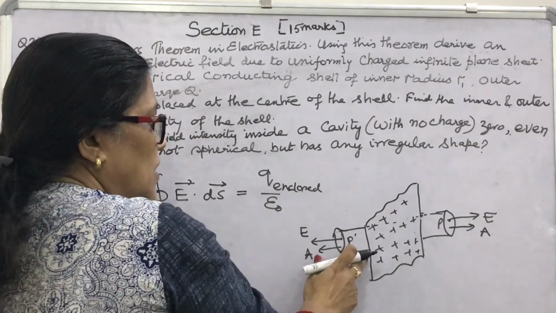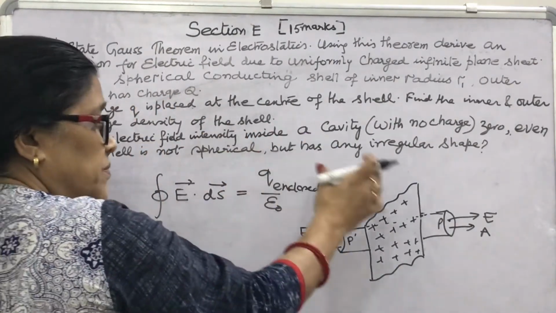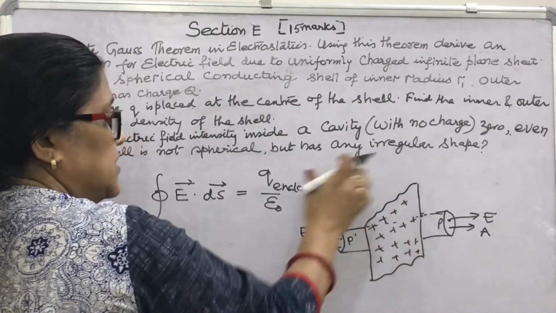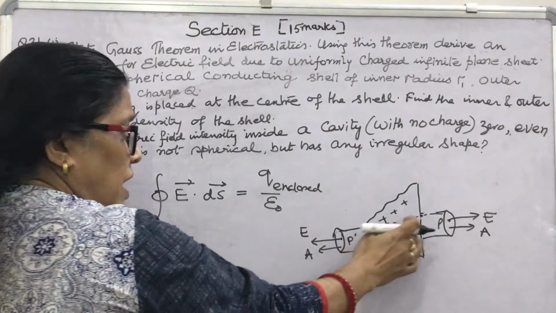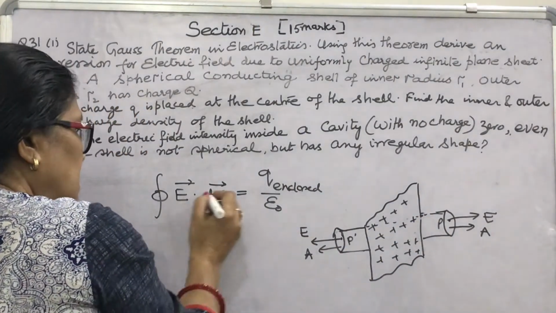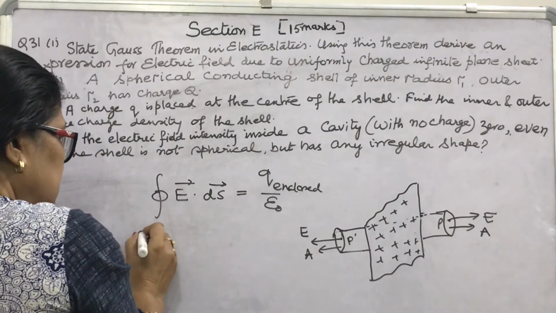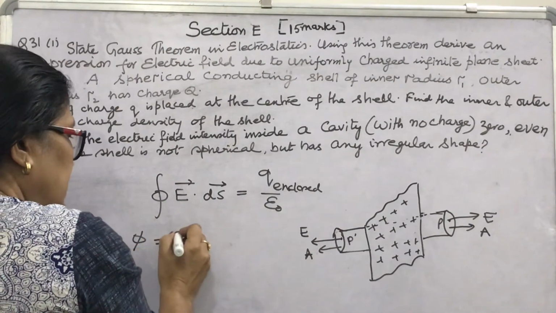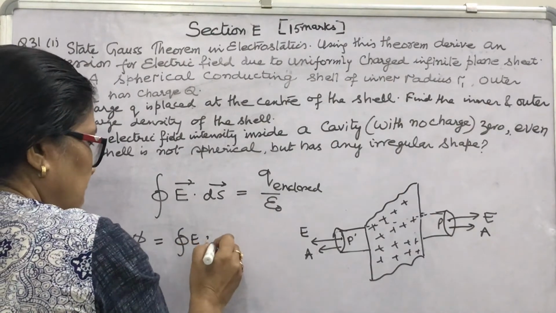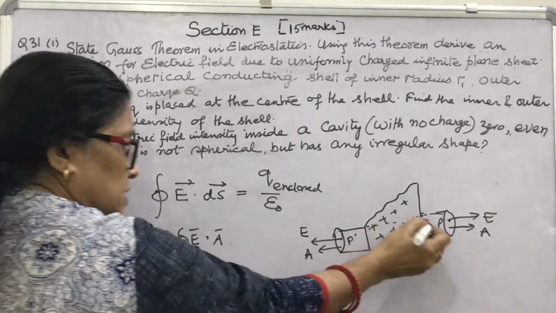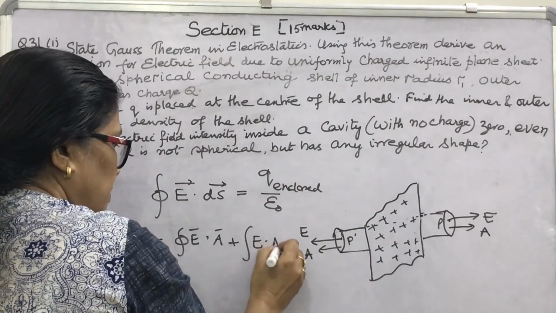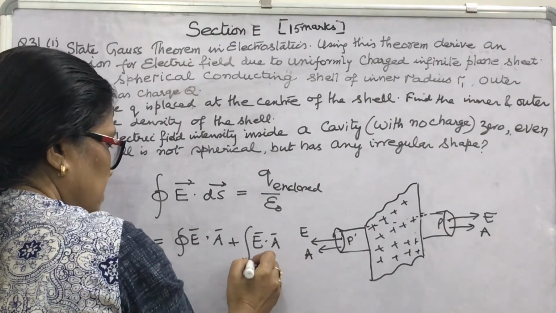This is how you use Gauss theorem to find the electric field near this charge sheet. Look at points P and P dash. The net flux due to electric field will be E dot A at point P plus E dot A at the other point P dash.